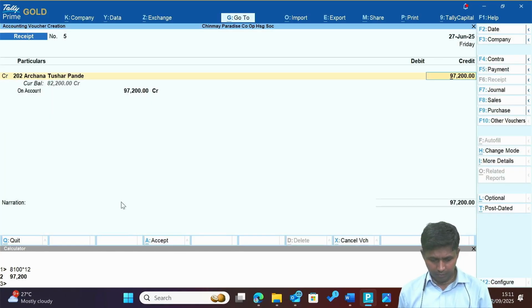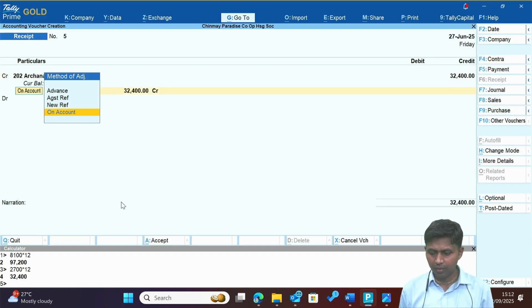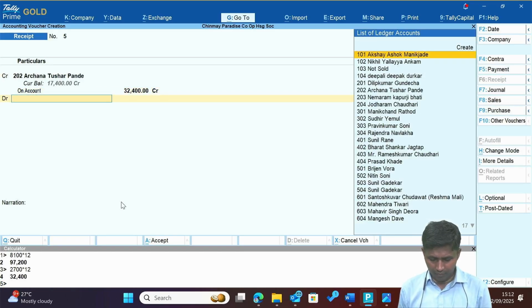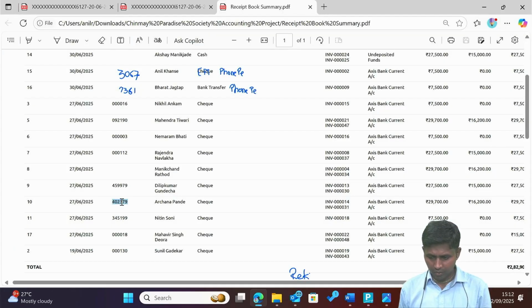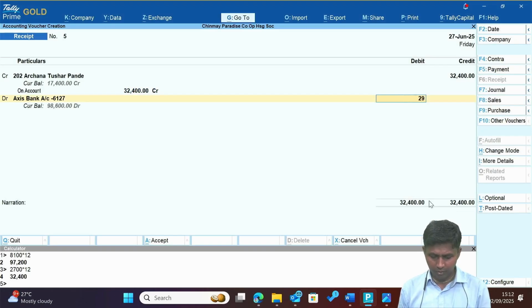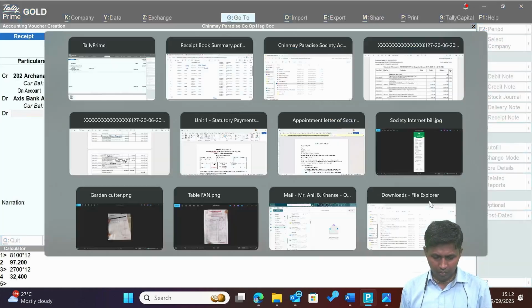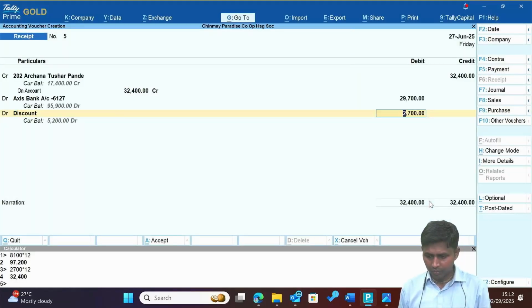Correct? Okay, our calculation was wrong. Instead of 8,100, you can say 2,700 for a month into 12 months. This is full year's maintenance charges. Select it, and then after that, we have got it in Axis. Therefore, say Axis. How much have we got? We have got 29,700. Say 29,700, and then you can write the instrument number. And after writing the instrument number, you will automatically get discount 2,700.